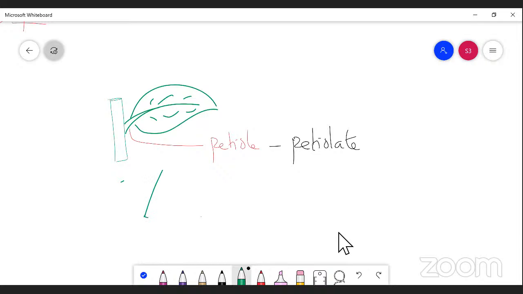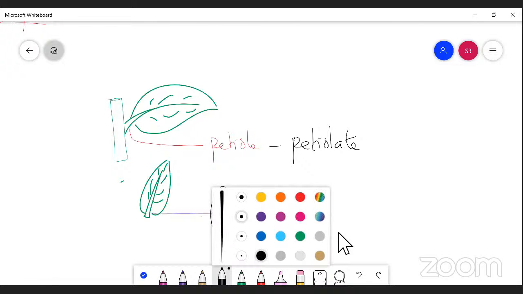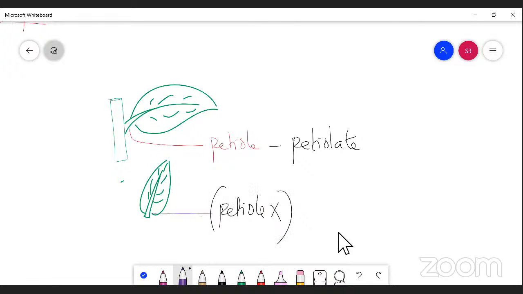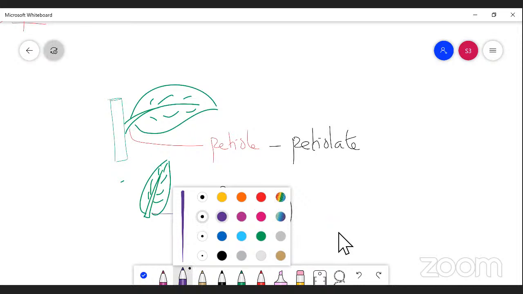Now this is a leaf in which you find the absence of petiole. Here you may not see a petiole, so this kind of leaf is said to be exstipiolate or sessile. Petiole is absent, hence it is known as the sessile condition. My dear students, please understand, it is sessile.